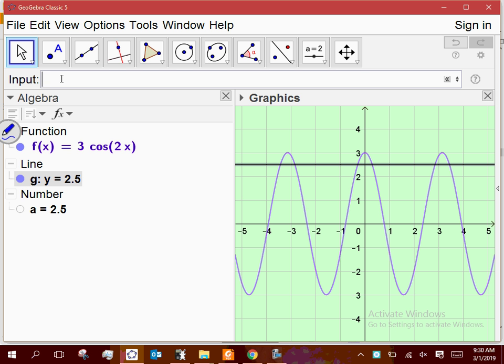Okay, so graphically we've talked about how solving an equation means looking for the x values at which two things intersect, right? Two curves intersect. So we would have the equation 3 cosine 2x equals 2.5. We should be able to algebraically go through and solve that eventually.